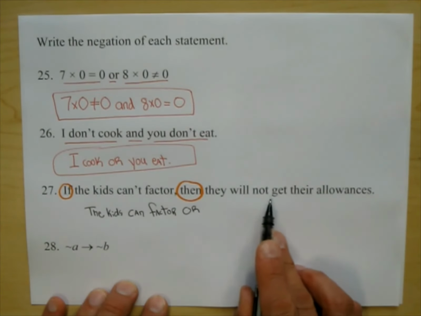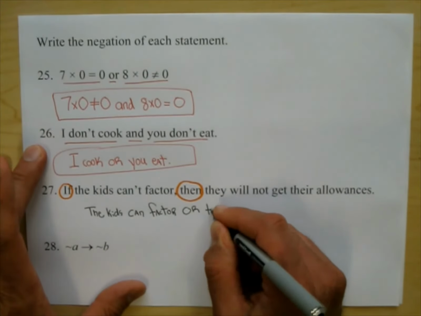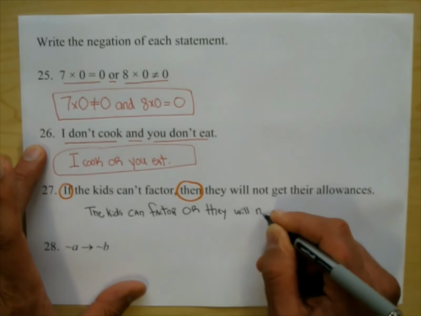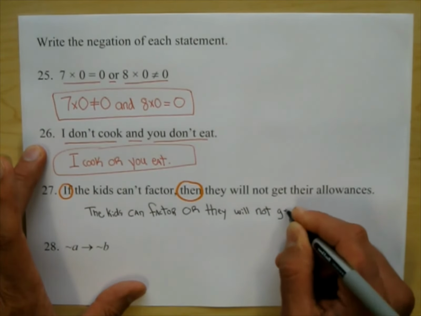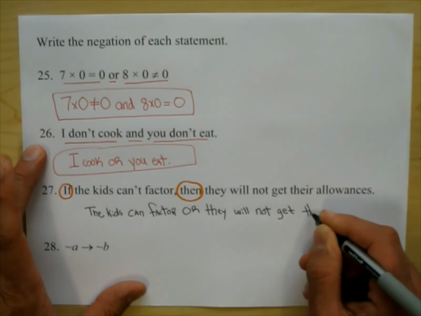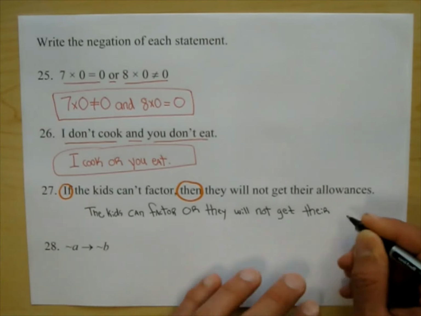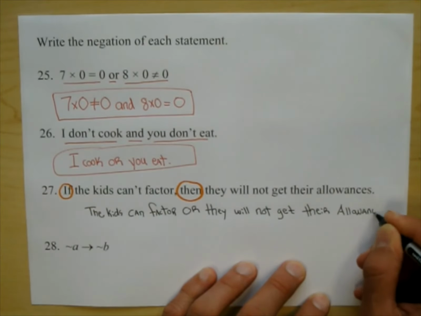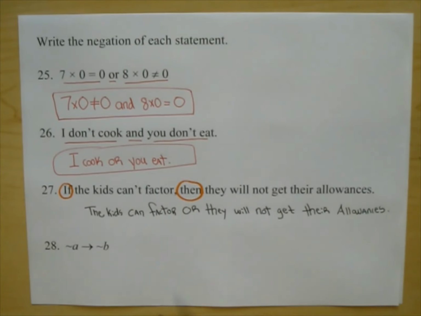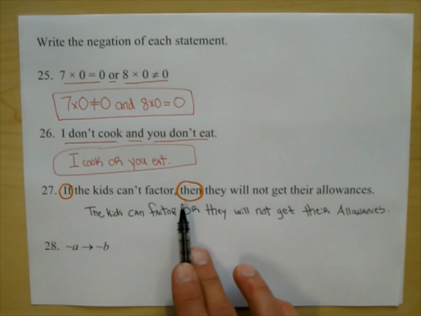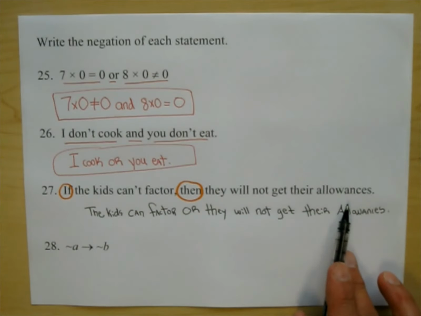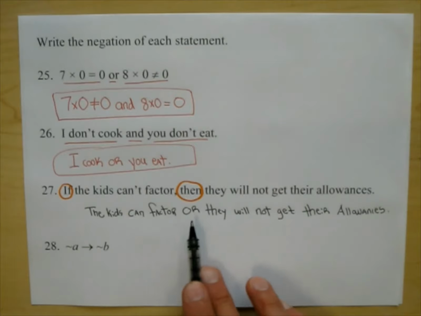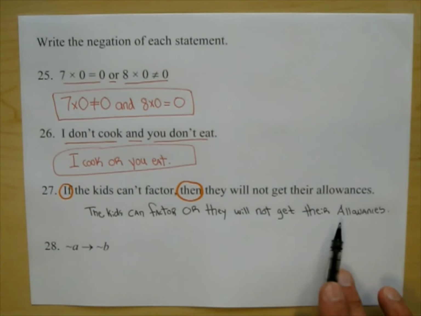They will not get their allowances. So our original statement is, if the kids can't factor, then they will not get their allowances. We rewrote it to an equivalent or, the kids can factor or they will not get their allowances.